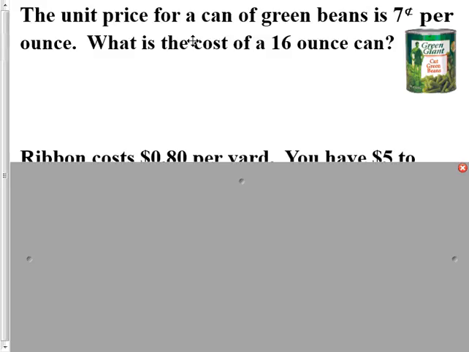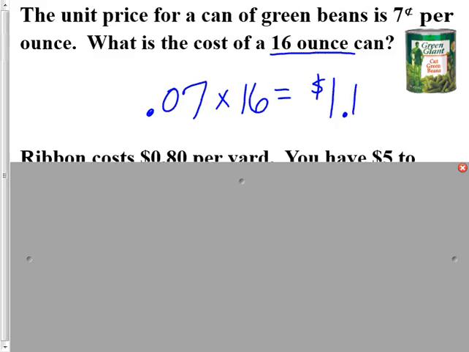I want to know the cost for 16 ounces. So I'm going to need to take that 7 cents and multiply it by 16. And if I do that, 7 hundredths, 16 times, I'm going to get $1.12. Does that make sense for the cost of a can of green beans? Yeah, pretty much. So my answer makes sense there.